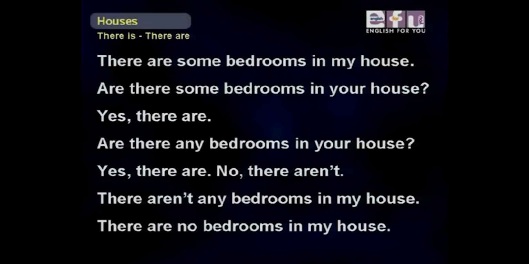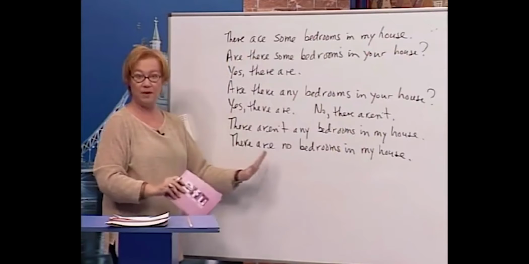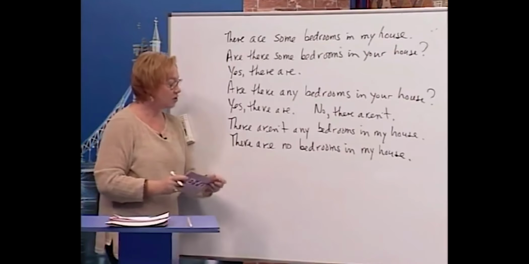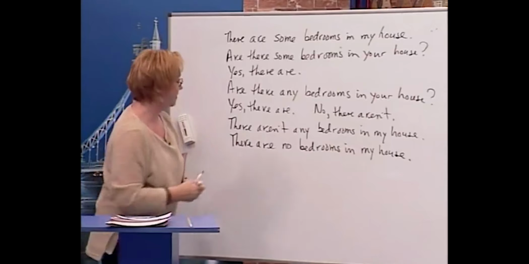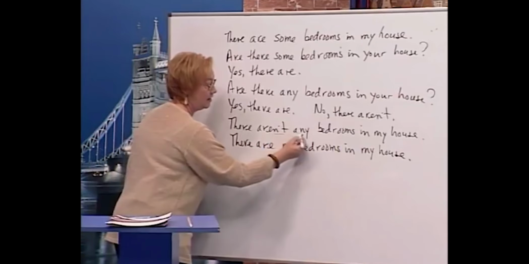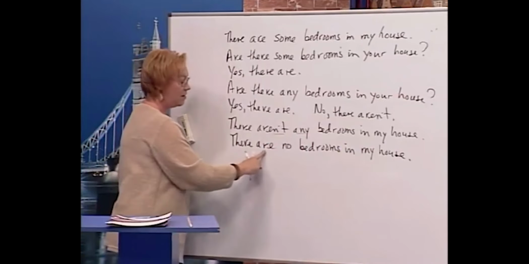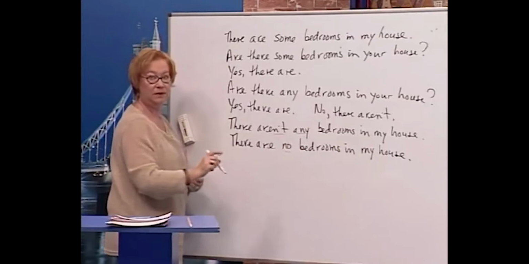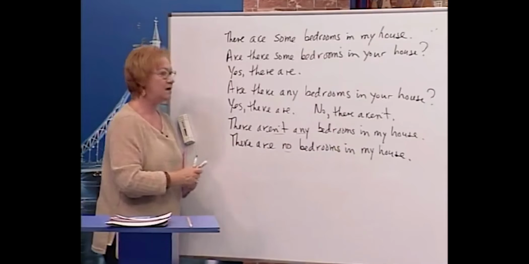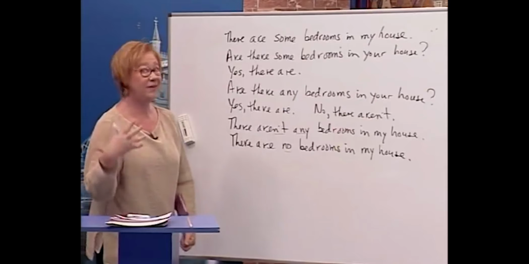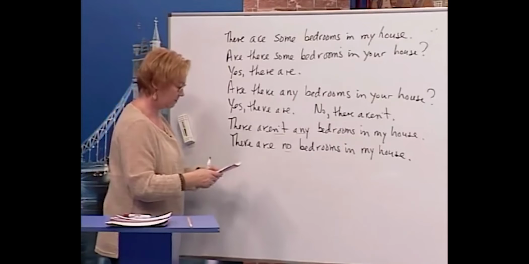And then finally, we can say there are no bedrooms in my house. There are no bedrooms in my house. So notice here we have there aren't any. There are no. Okay? So a little bit different. But the same information. It's a very strange house.